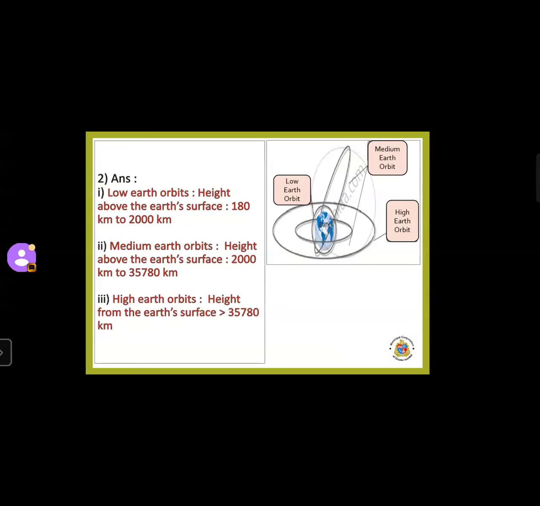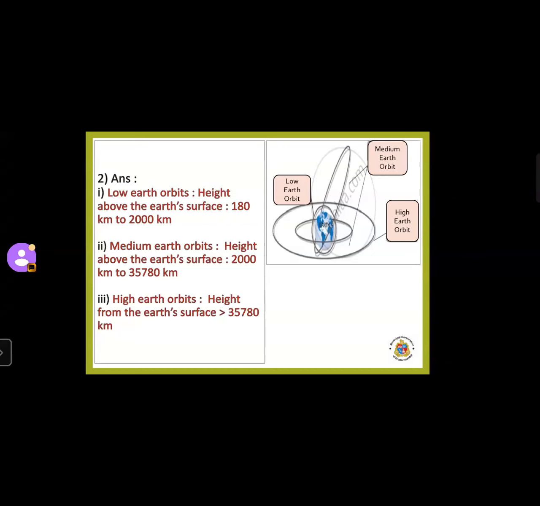That is, the height of low Earth orbit is about 180 kilometer to 2000 kilometer. Now low Earth orbit, height above the Earth's surface, is 180 kilometer to 2000 kilometer.